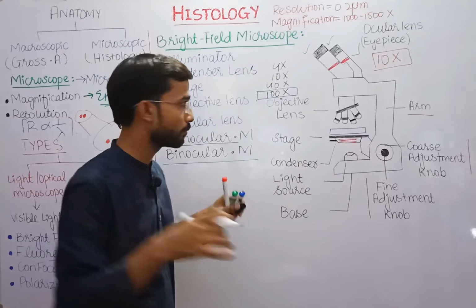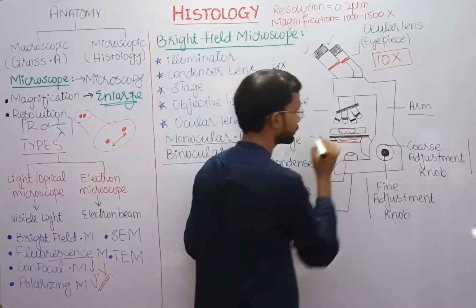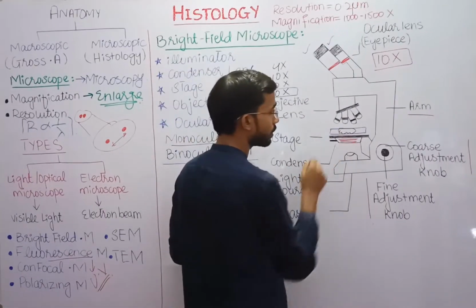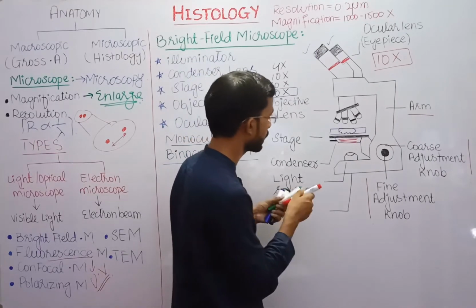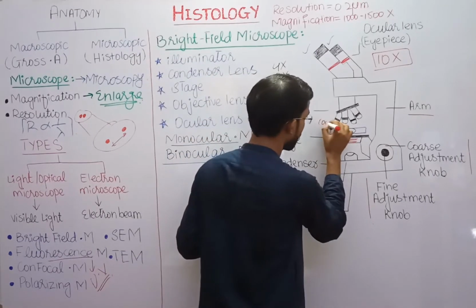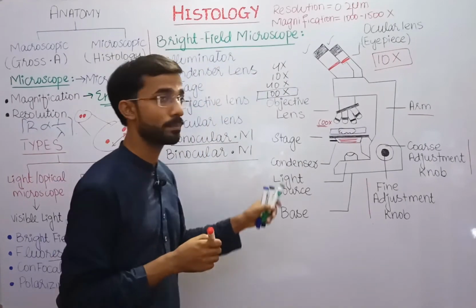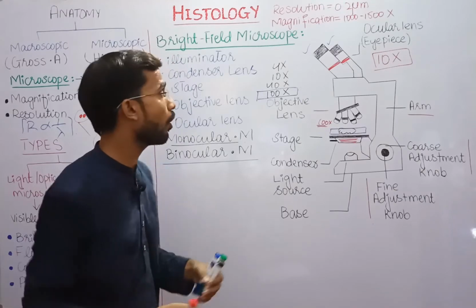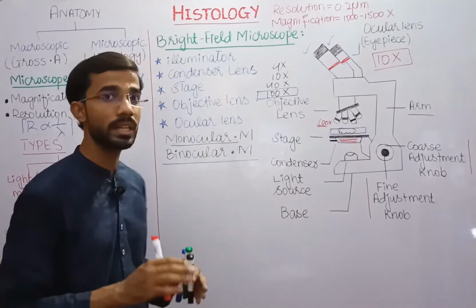On this slide we put a few drops of oil, and here is the 100x objective lens. This is helpful for the increment of the resolving power, because there is no contact.